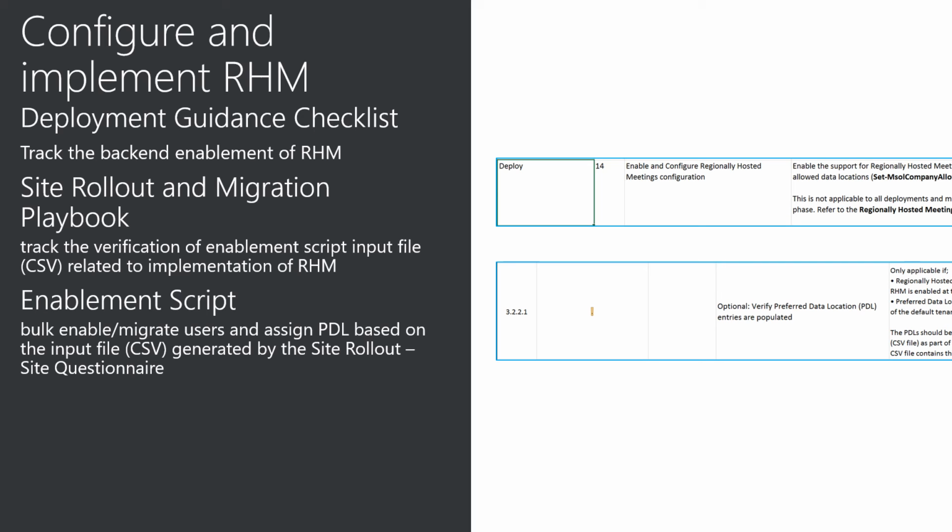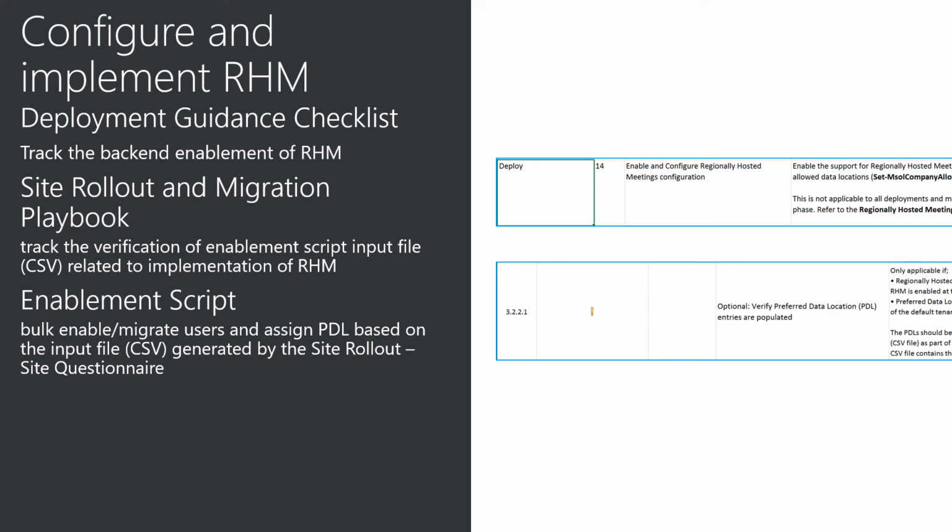In the site rollout and migration playbook, there is a task now to track the verification of the CSV file that we created using the site rollout site questionnaire to ensure the PDL information is included. Please note that this task is optional since RHM may not be applicable to your engagement or project.